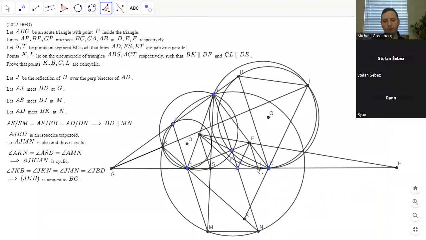Exactly, and that looks very easy. And FS over ET is FS over AD times AD over ET, which is BS over BD. Yeah, it looks very easy, right? Yeah, I think that is pretty much trivial. Okay.